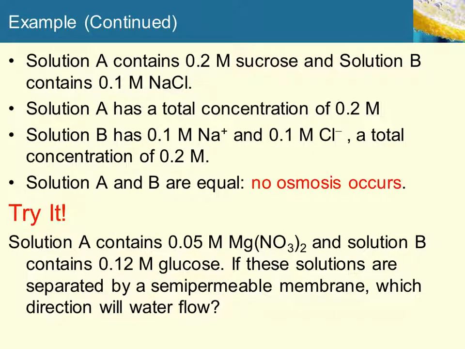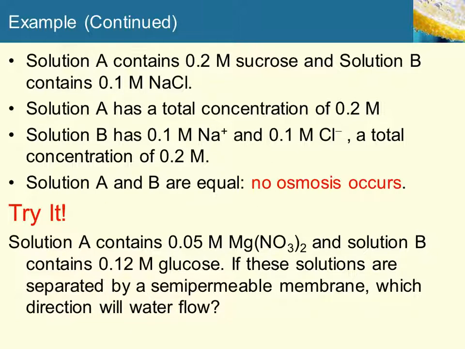So solution A has a total concentration of 0.2 because it contains 0.2 moles of sucrose. Solution B also has a molarity of 0.2 because we just said it contained 0.1 moles of Na+ and 0.1 moles of Cl−. So solutions A and B are equal in concentration, so no osmosis occurs.